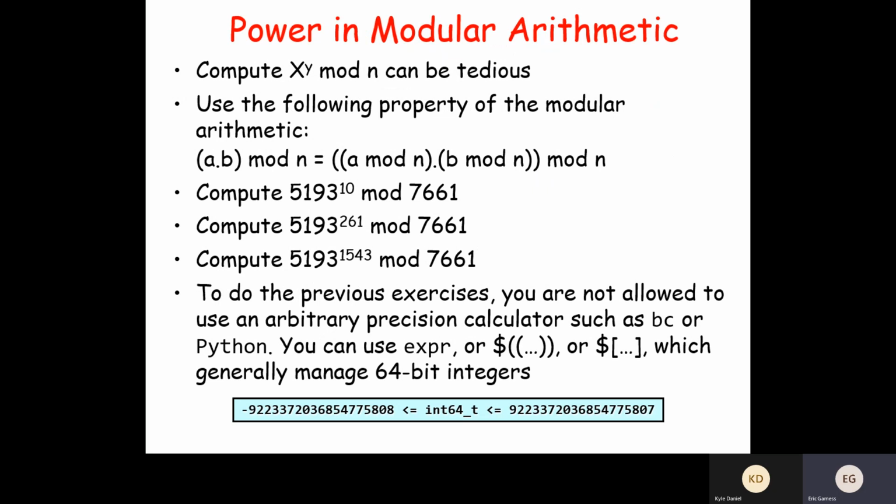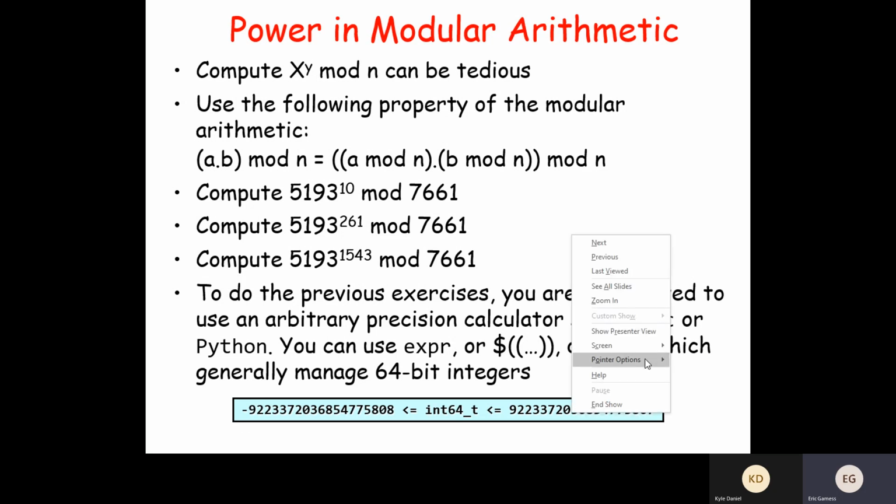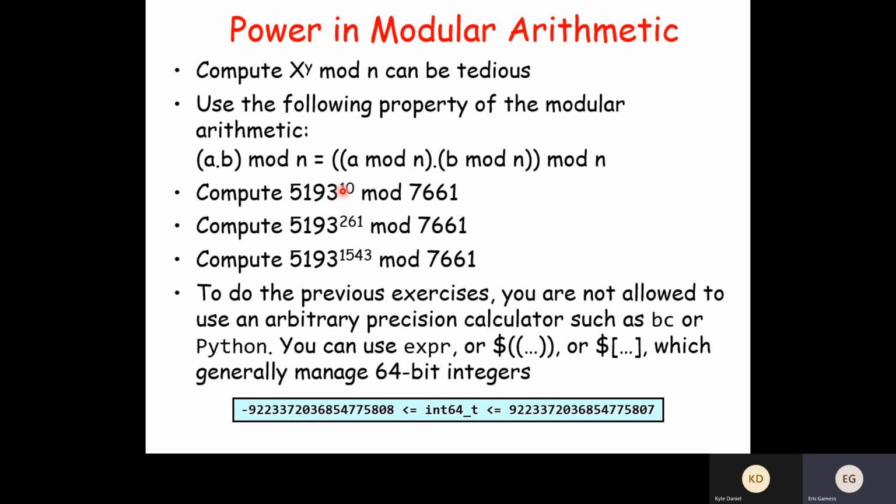So to compute x to the power of y modulus n, this can be tedious, of course. However, there is a way to do it much faster. We are going to use a property of modular arithmetic, and this property is the one that is there.